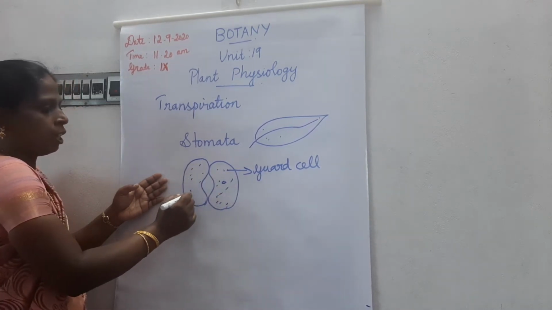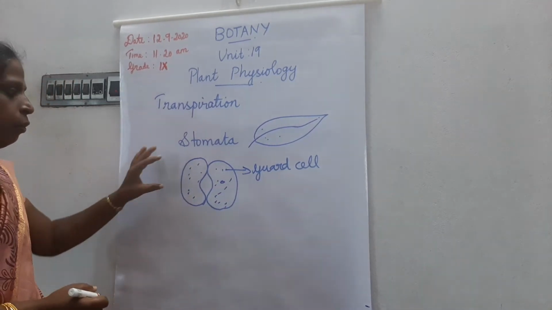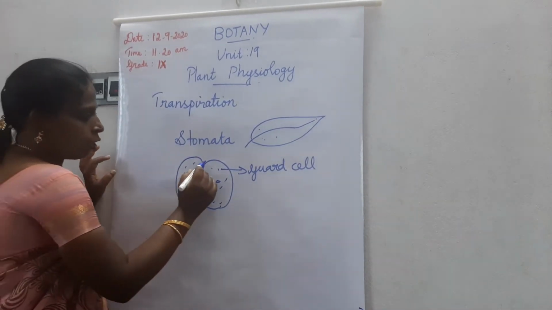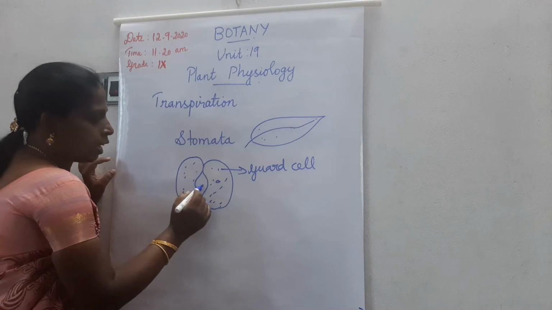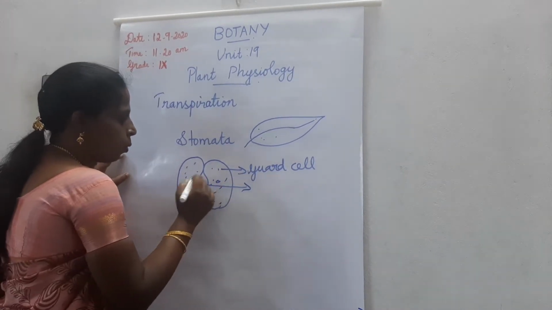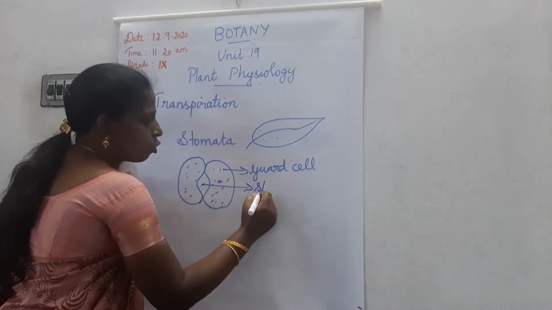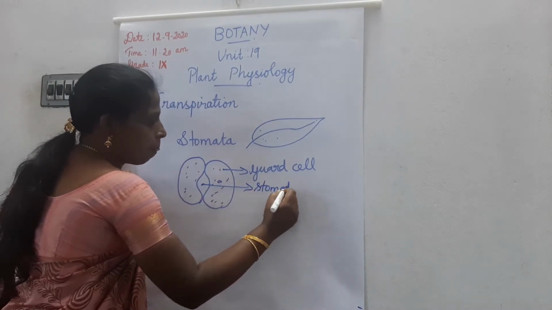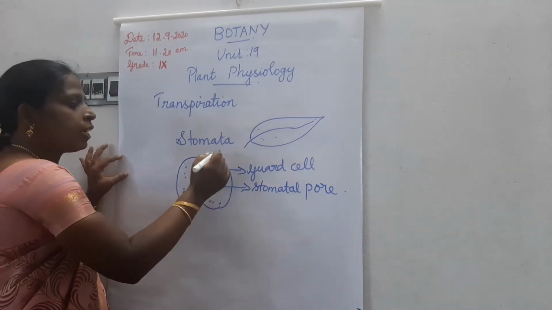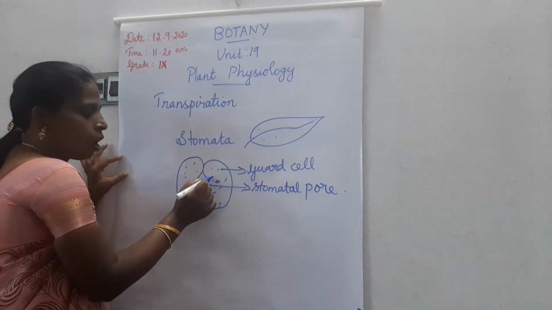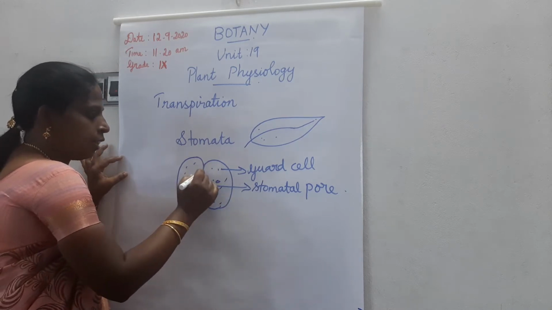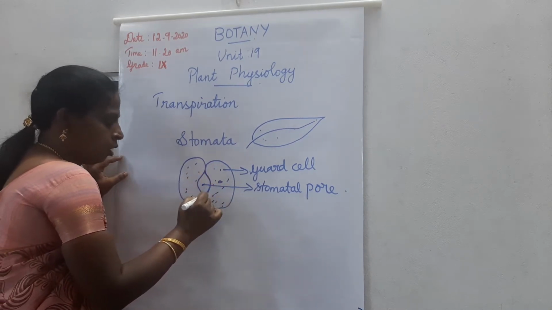During daytime, the stomata are open. The stomata consists of two guard cells, and the small opening between them is called the stomatal pore. This is the outer wall of the guard cell and this is the inner wall.